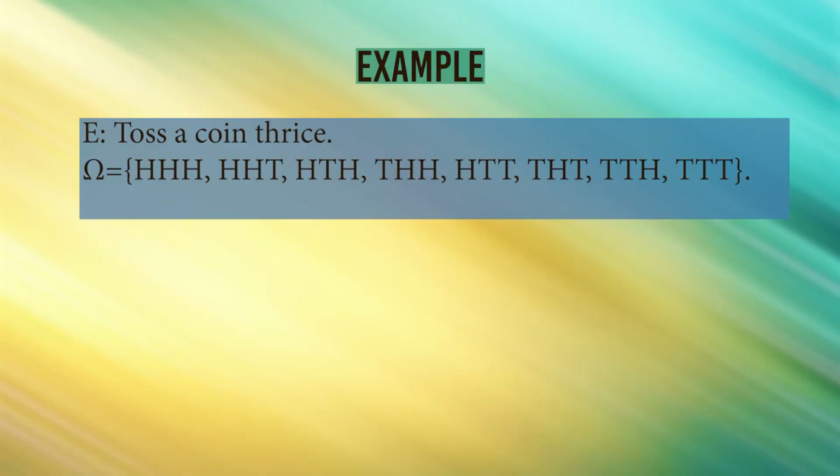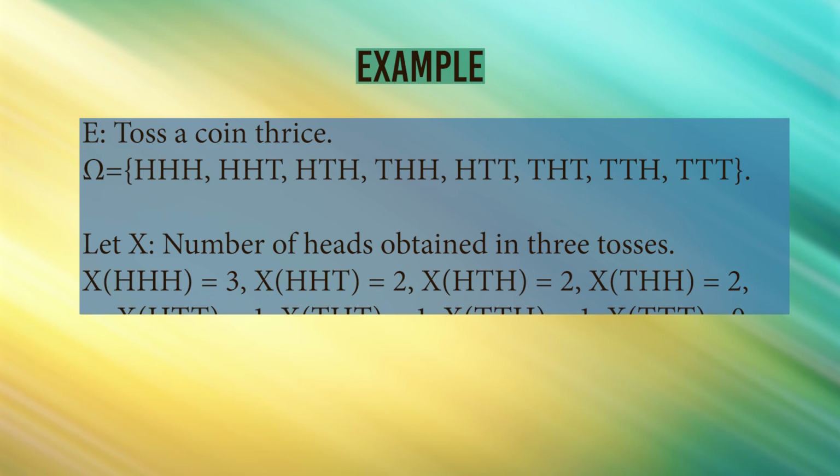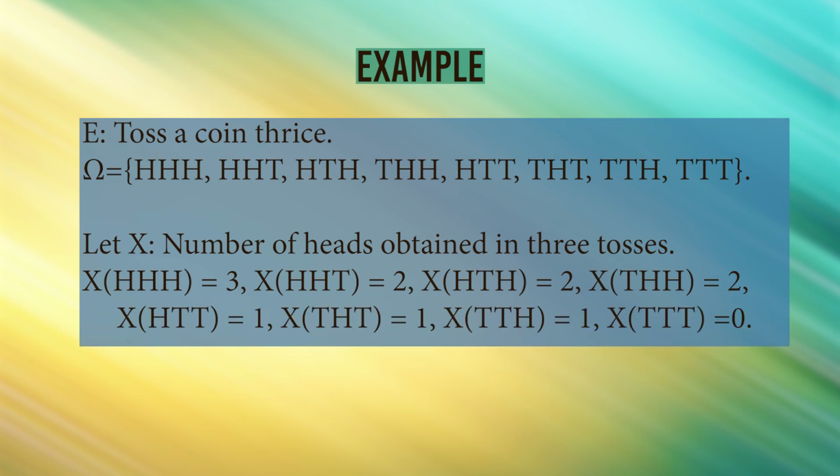Now, we are defining x to be a variable as the number of heads obtained in these 3 tosses. So, when the outcome is HHH, evidently the value of x will be 3. When the outcomes are HHT, HTH or THH, obviously x will take up the value 2.